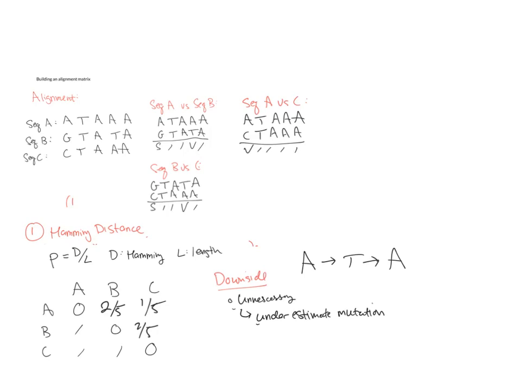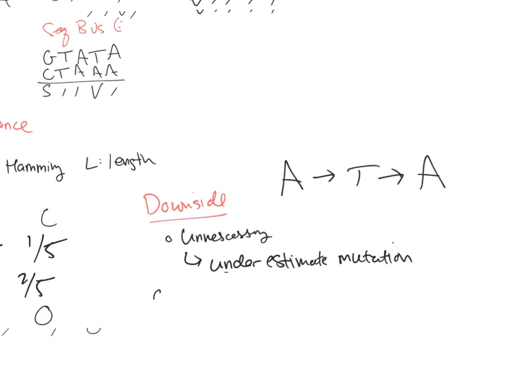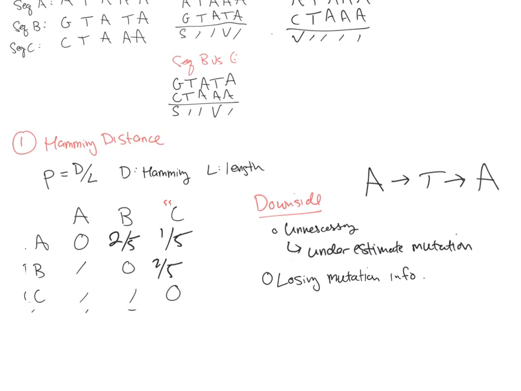It's like all mutations aren't created equal. So we're losing information about mutation. So what we're going to do is try to form a few other measures of evolutionary closeness to fix those problems.